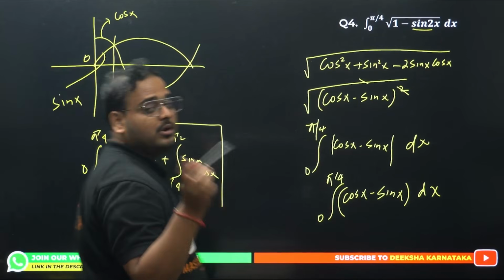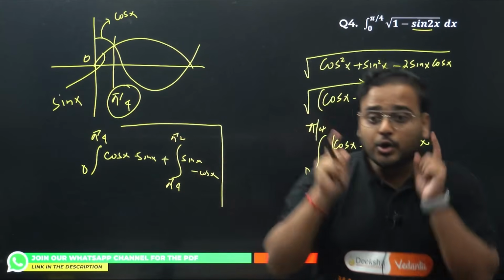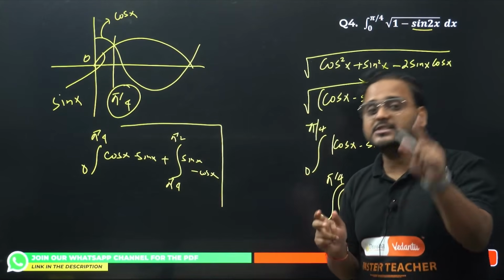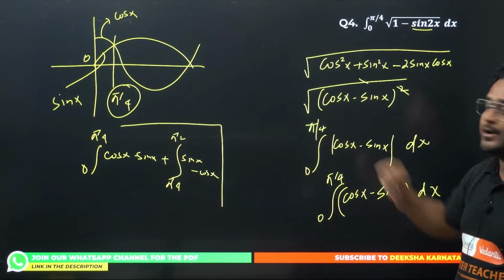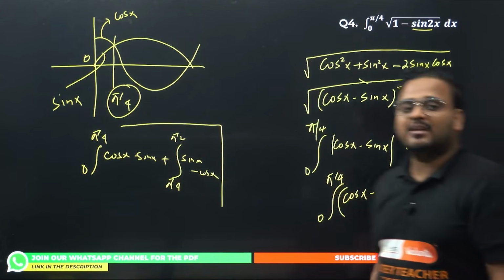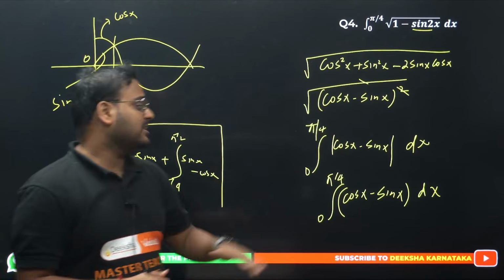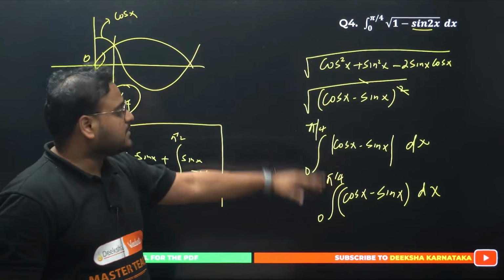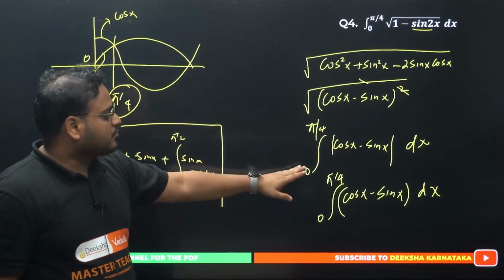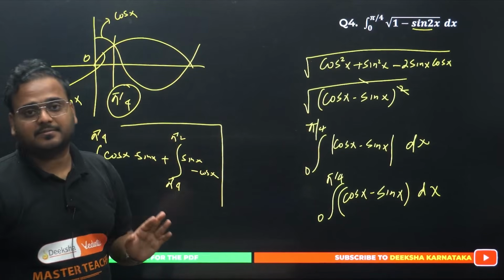I'm telling you, not in this question, not in the given problem, but if there is a situation where it is 0 to pi by 2 and you don't take the mod, you directly take the value as cos x minus sin x, the answer will be 0. Answer is wrong, because from 0 to pi by 4, cos is higher. Good.